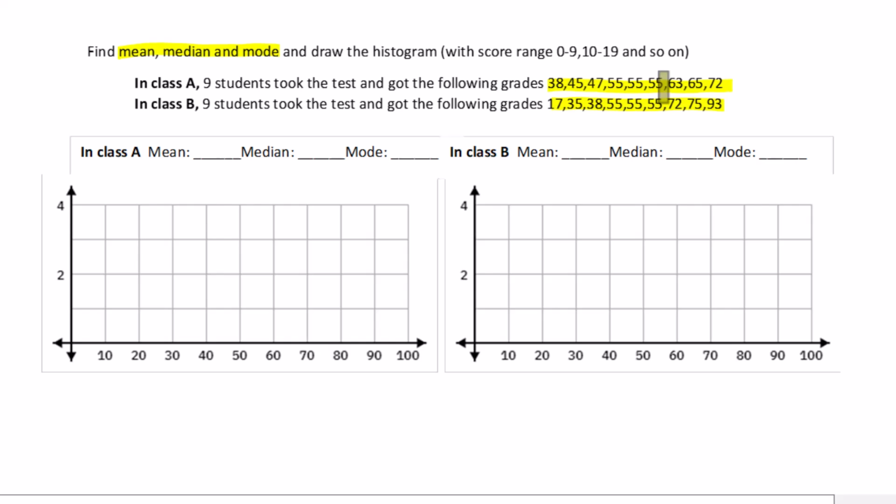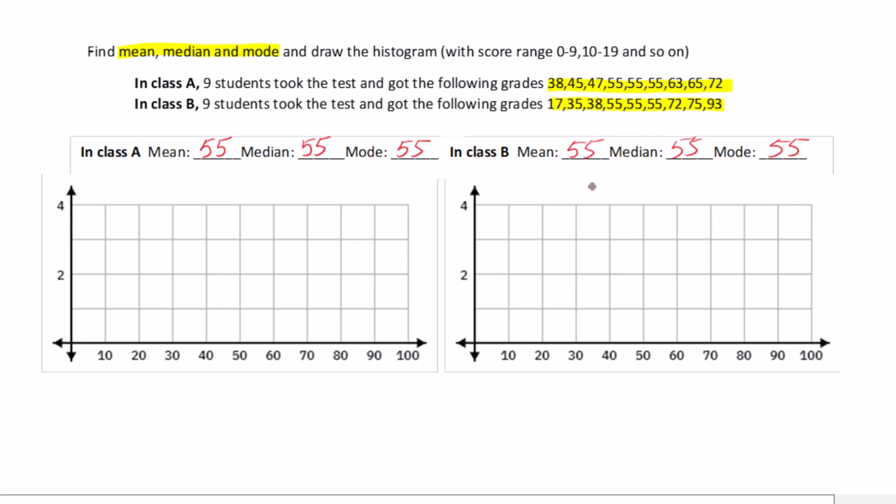If we put both into a graphing calculator, we can figure out for class A, mean is 55, median 55, mode 55. In class B, mean 55, median 55, mode is also 55.